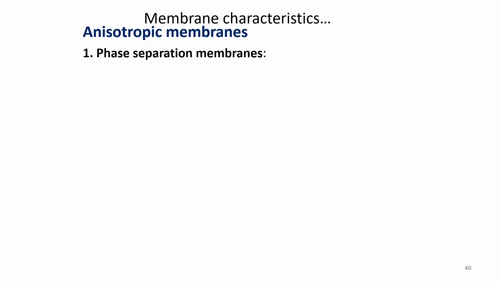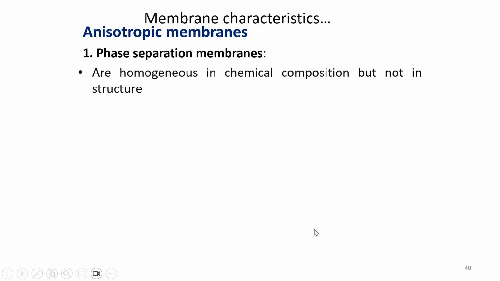Apart from the isotropic membranes, there are anisotropic membranes, as I have mentioned. One is the phase separation membranes. These are homogeneous in chemical composition, but not in structure. That is important. We are creating the membrane structure, not the chemical.